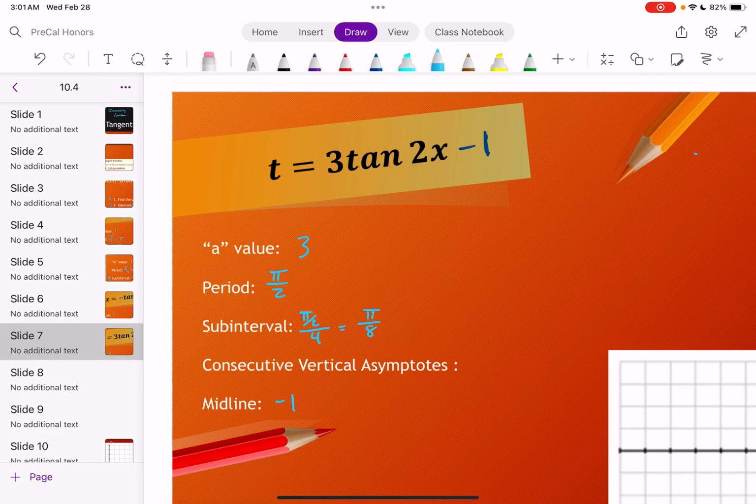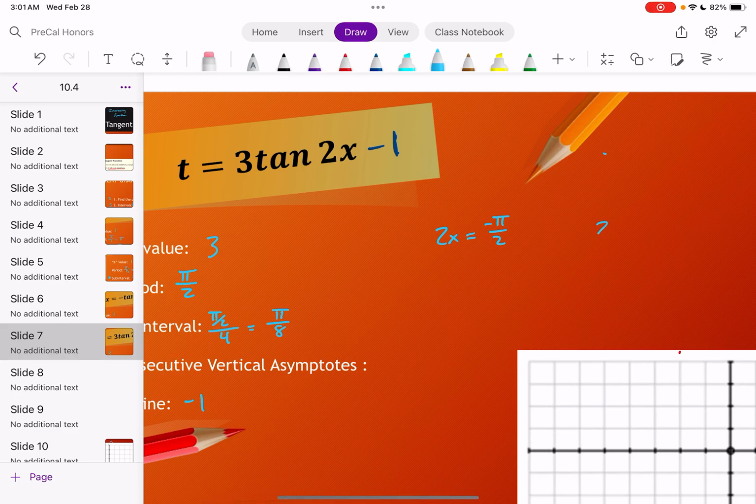And we're going to set 2x is equal to negative pi over 2 and 2x equal to pi over 2. We're going to go ahead, divide both sides by 2. In this case, x is equal to negative pi over 4, and x is equal to pi over 4.